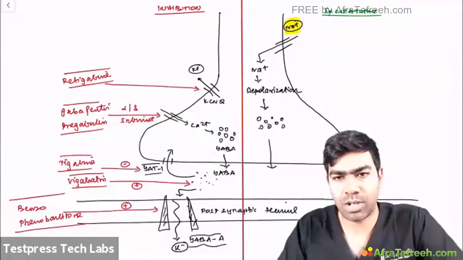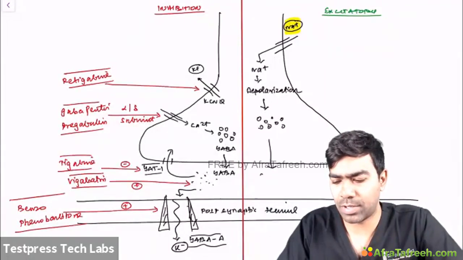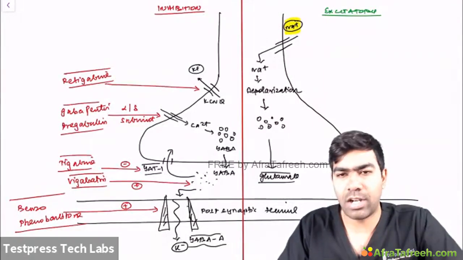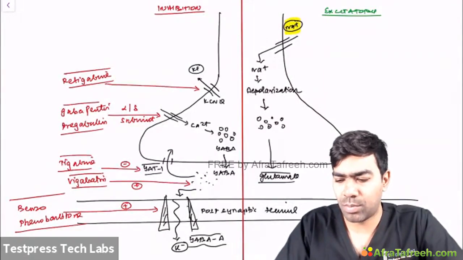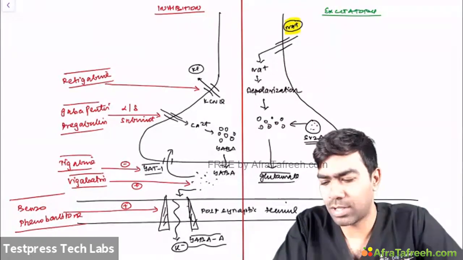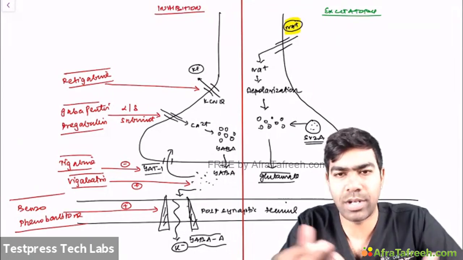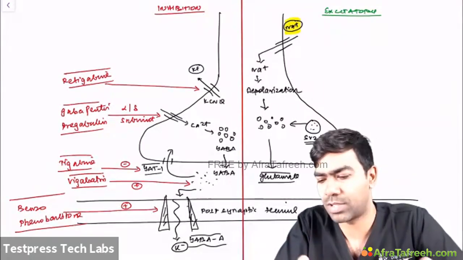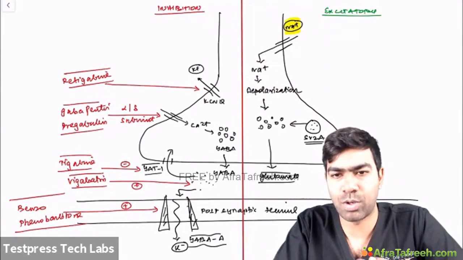That's the most important excitatory neurotransmitter as far as we are concerned, glutamate. And to produce these vesicles, you need a very important transport protein called SV2A. SV2A is the one that is going to pack glutamate into vesicles, and that's why there are some drugs which act on this SV2A transporter also.